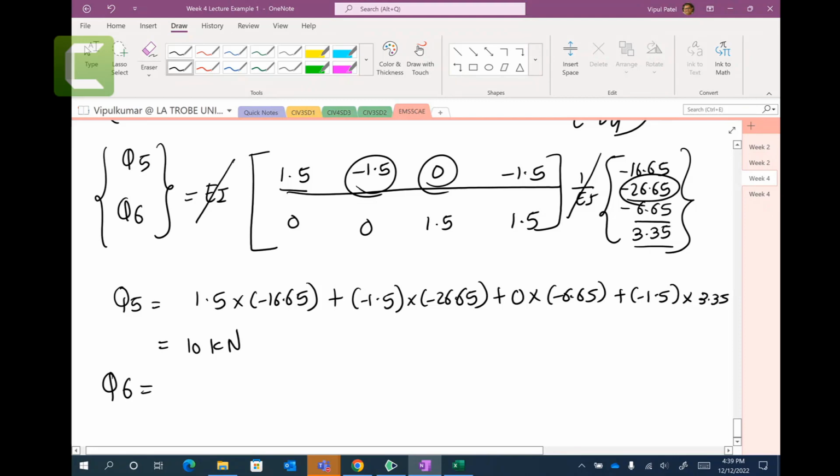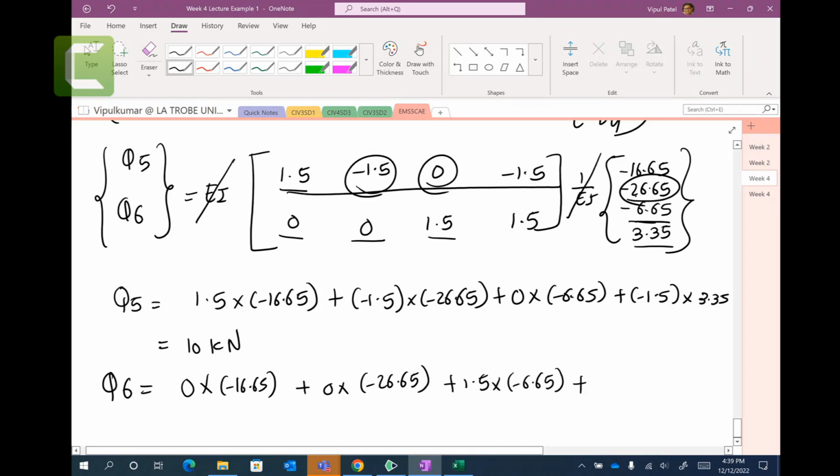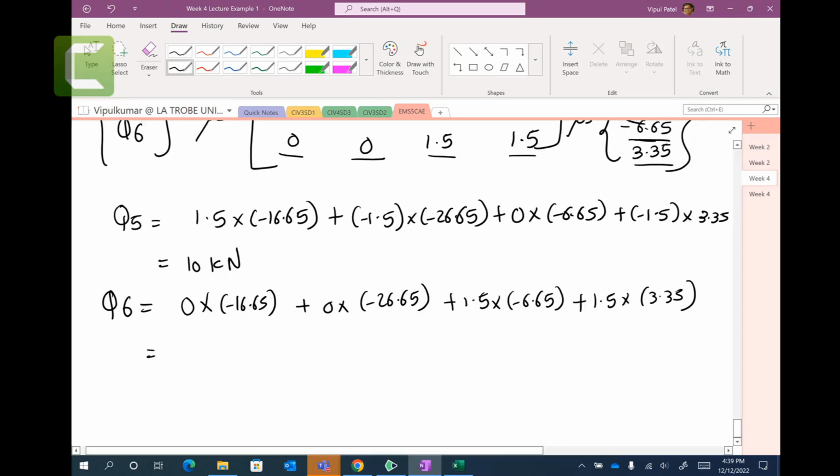Similarly, Q6 is 0 times minus 16.65, this time I'm taking this row, plus 0 times minus 26.65, plus 1.5 times minus 6.65, plus 1.5 times 3.35, is equal to 1.5 times minus 6.65 plus 1.5 times 3.35. You get 5 kilonewtons, which is minus.